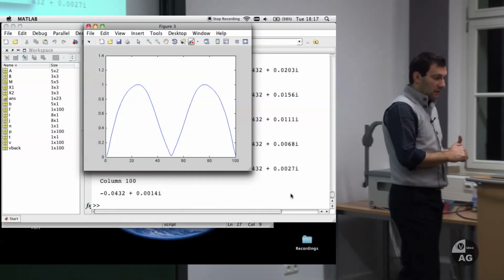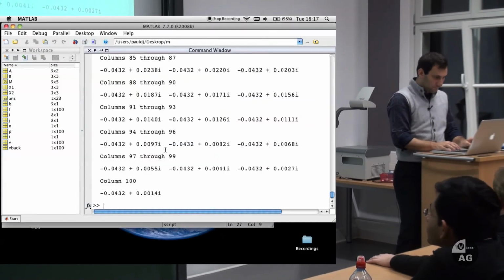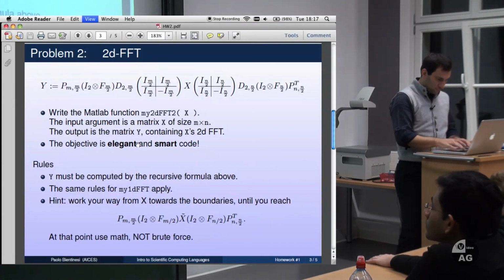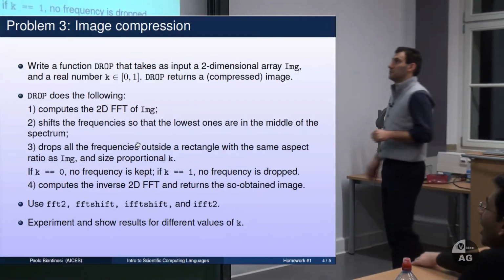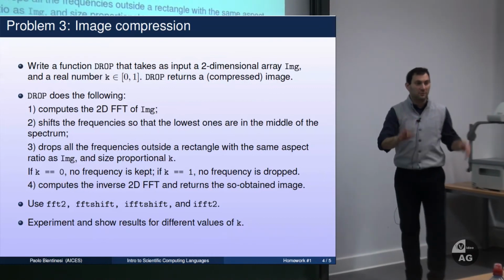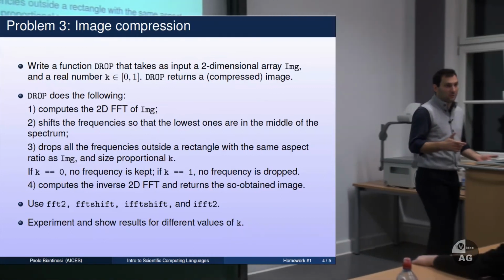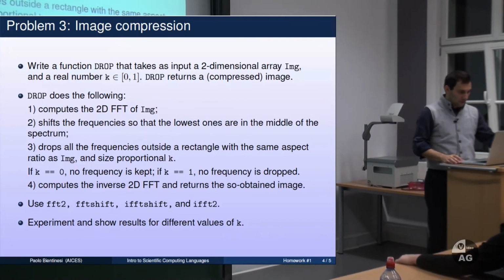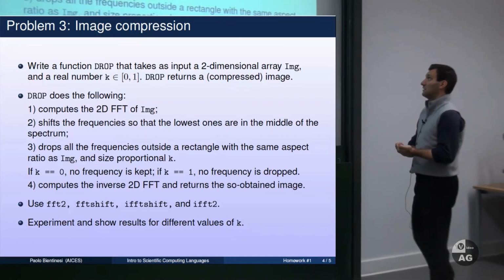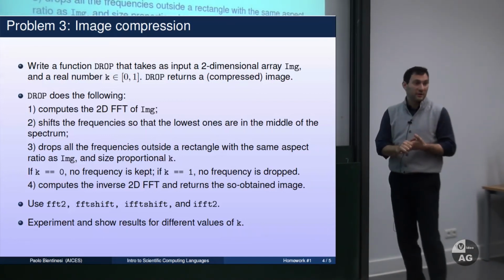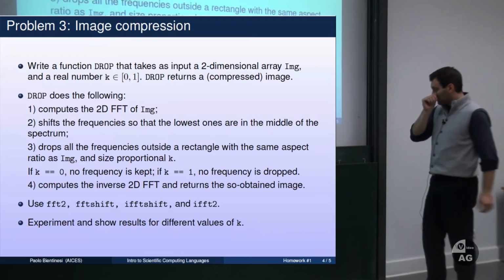So in an image, let's look at the assignment. This is part 3 of the assignment, image compression. That's it, by the way, see? 4 out of 5. The last one is how to submit. So, okay, you have to write a function drop that takes an image, a two-dimensional array, as input and a real number.